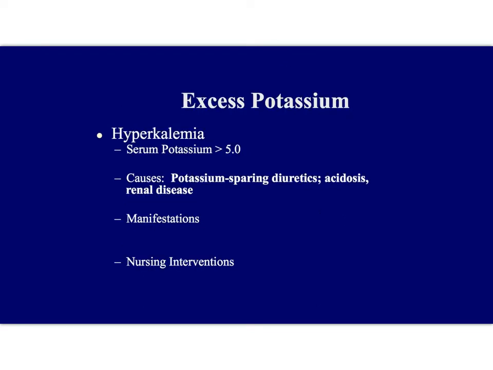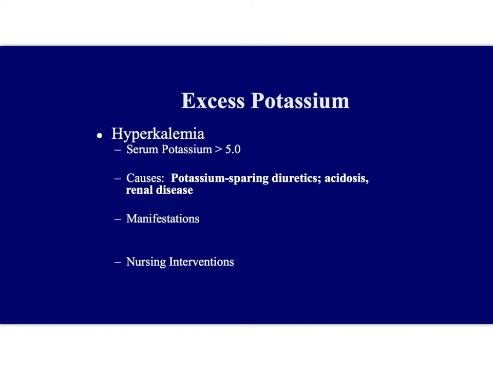All right, hyperkalemia, serum potassium greater than 5. Some of the things that cause hyperkalemia: taking too much potassium. There is a class of diuretics that actually hang on to potassium. Those could cause an excess of potassium. We're going to talk about changing an acid-base balance, renal disease, renal failure, renal insufficiency.